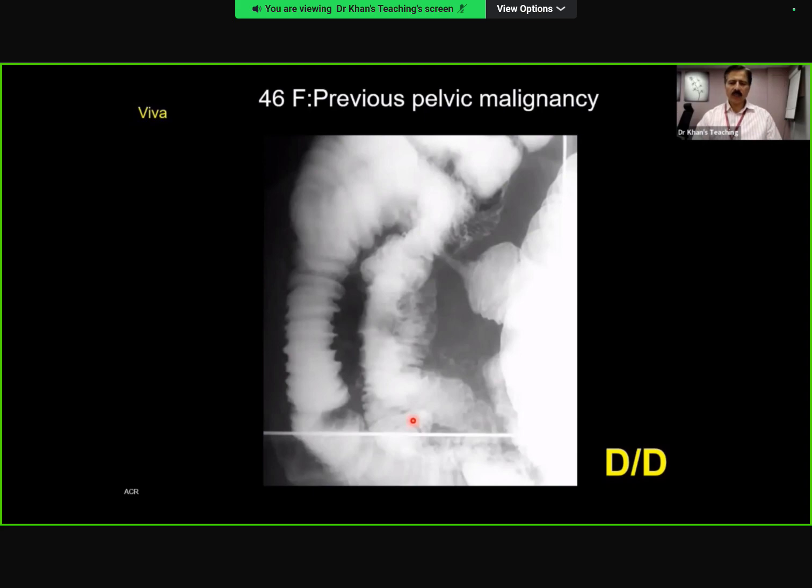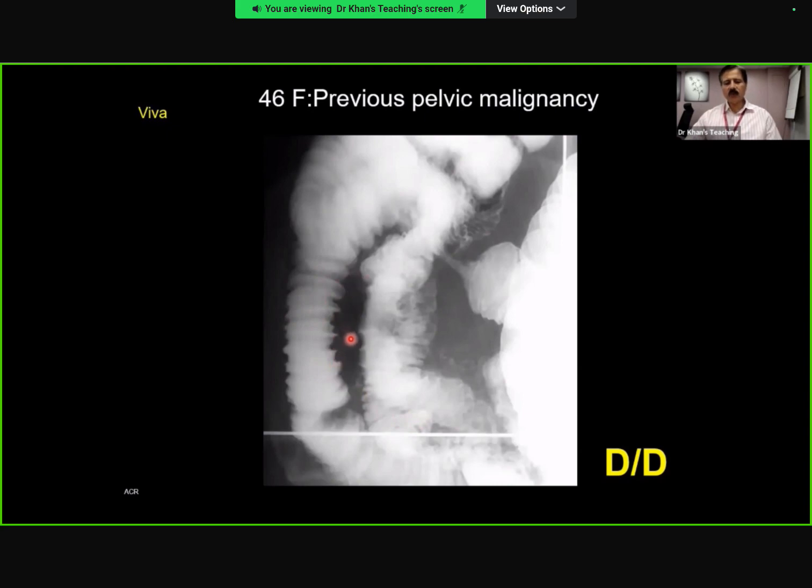And when there is an acute process, what will happen? The capillaries will become leaky, or there can also be intramural hemorrhages because capillaries might leak blood, and because of that, you can see these mucosal thickenings like this, and also thumbprints.